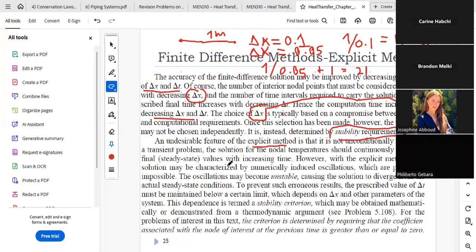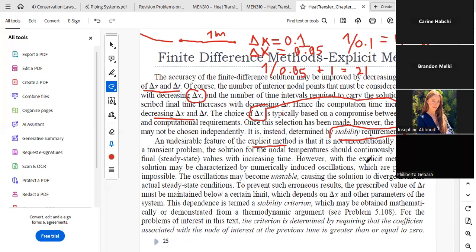So to know if your solution is convergent, you explore the variation of temperature with time at a certain cell. The temperature should approach steady state when t tends to infinity, so with increasing time, it should approach a certain value of temperature.